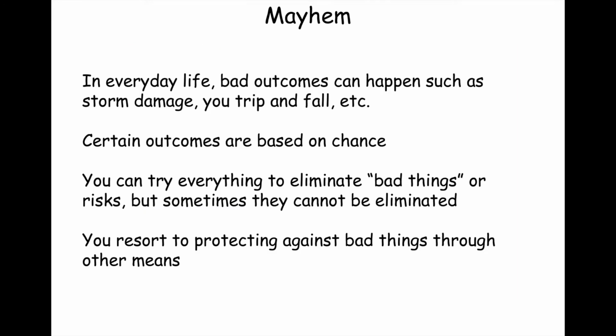And so, in everyday life, bad things can happen, right? Lightning can strike, maybe a hurricane or a gusty day comes along, blows a tree down, and it hits your house or your vehicle. You can trip and fall, you can slip on the ice, all sorts of bad things can happen. Now, of course, when bad things happen, typically there is a monetary cost associated with repairing that damage.